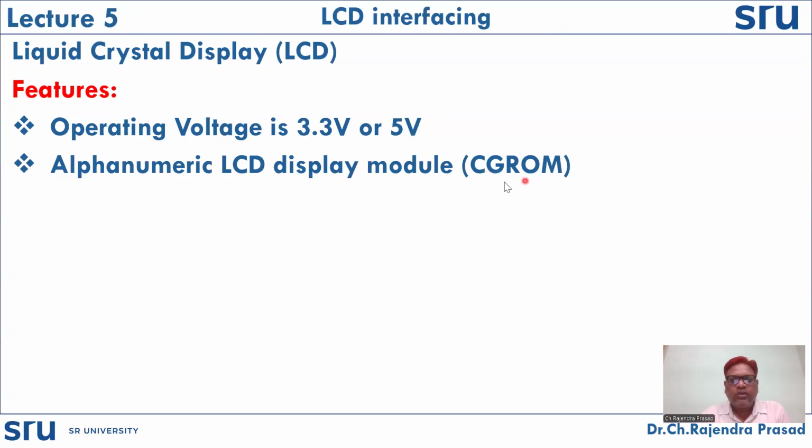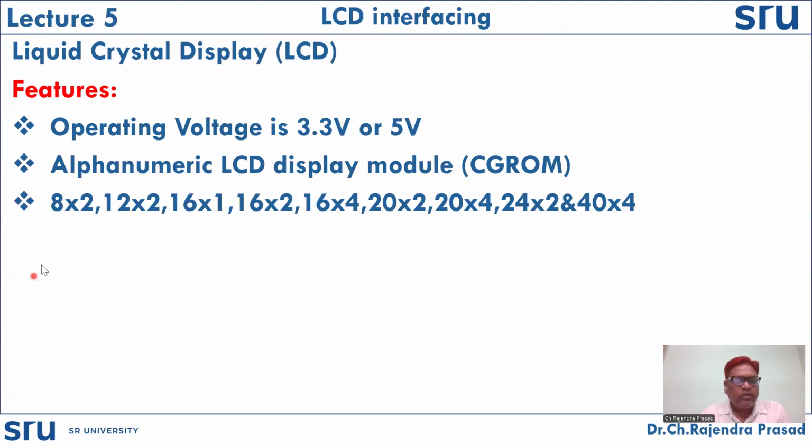CG-ROM stands for character generator ROM, where the ASCII codes of all characters are accepted by the LCD, and a particular pattern is generated in order to display the corresponding character.